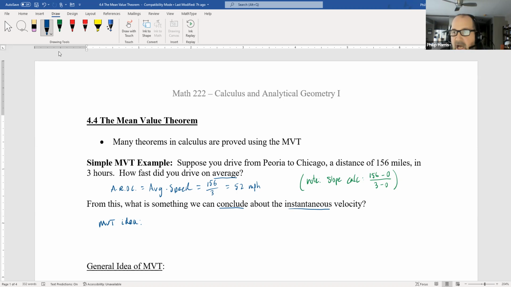Instantaneous velocity is like what you see when you glance down at your speedometer as you're driving. That's our current speed, or momentary speed, instantaneous speed.